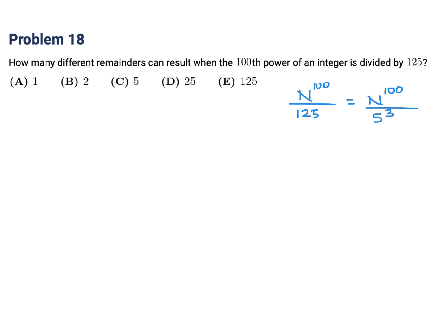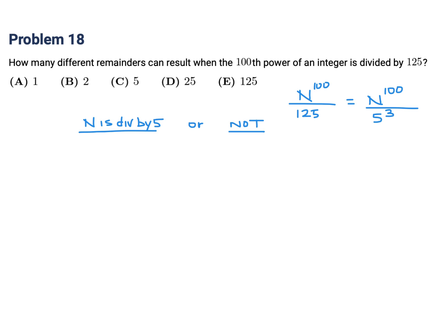So n is divisible by 5 or not. Those are the initial two categories, and there might be more categories. This is probably the bigger one, but let's just deal with this one first.